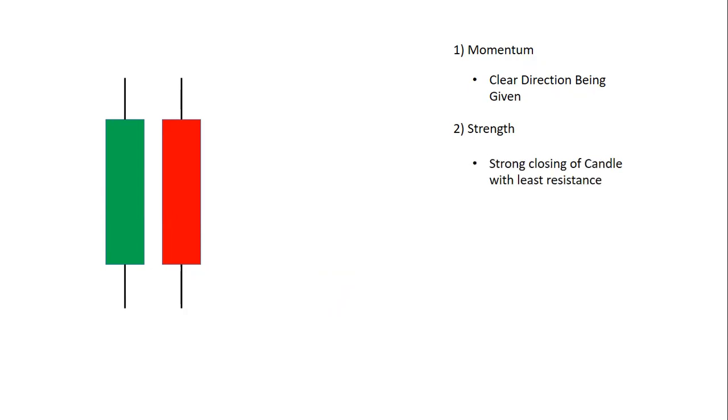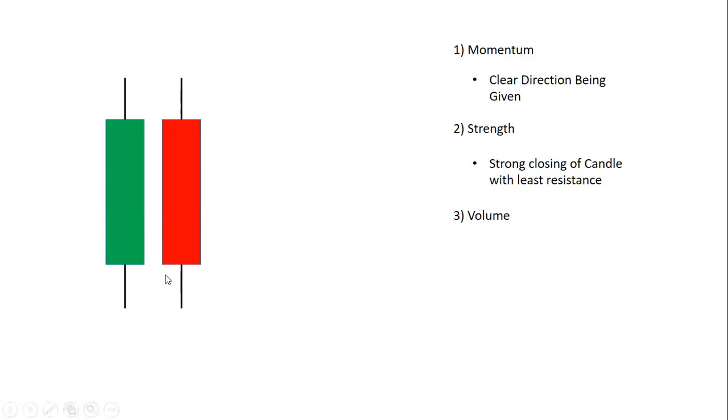Now, the strong closing of these candles with least resistance shows us that the bulls or the bears are actually holding the market right now, right? In terms of volume, once we have gotten the evidence that we have strength in the market with least resistance, let's put this on a bullish perspective.